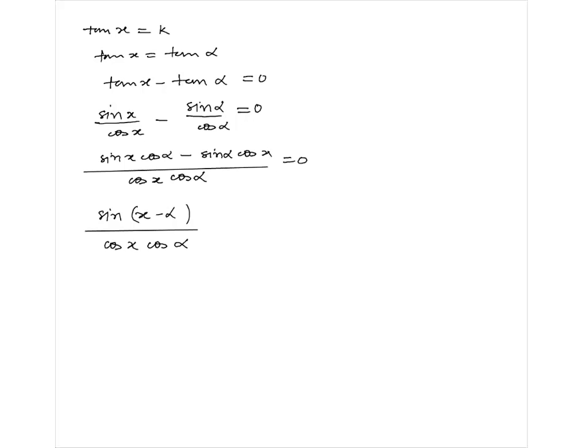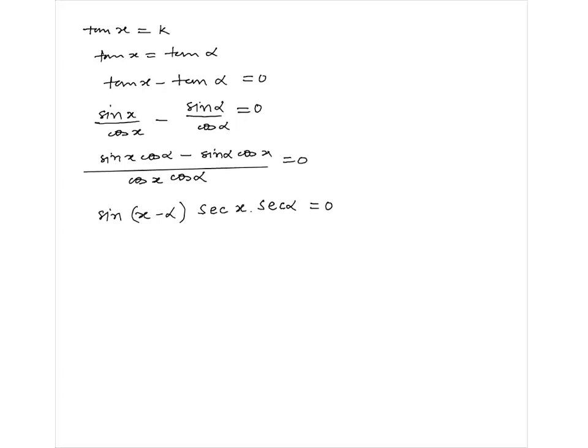If you like, convert them to sec. Now you know that sec never lies between -1 and 1. So both of those sec are not going to be 0. That will leave you with only one choice, that is sine of x minus alpha equal to 0.